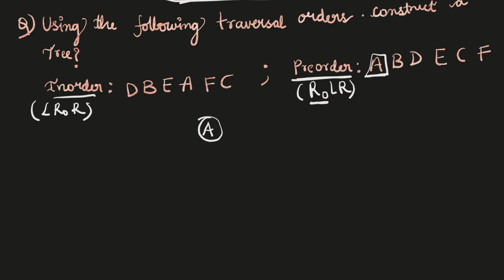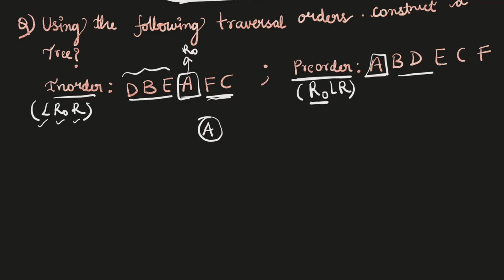So now if in order, if you place this root part, the left part is this and right part is this according to the in order rule. If you find out that this is the root, then this part is obviously the left and this is obviously the right part. Okay. See, now in the left we know that it is having DBE, in the right we are having FC. Now again coming to pre-order, search DBE.